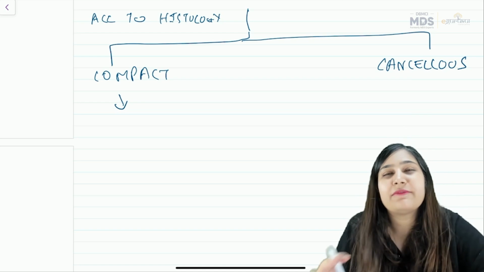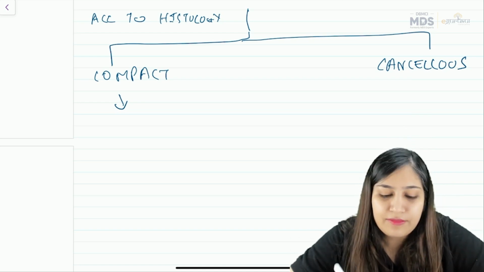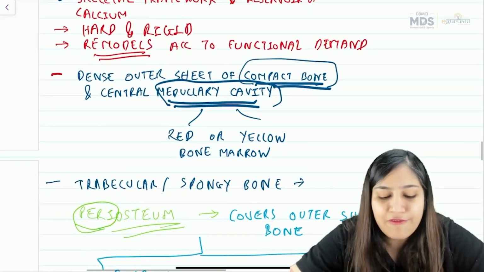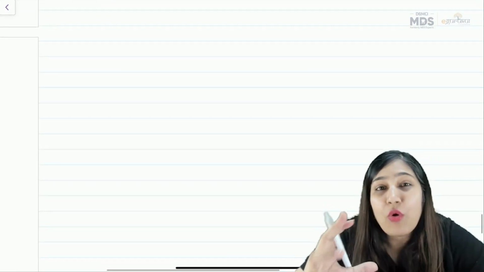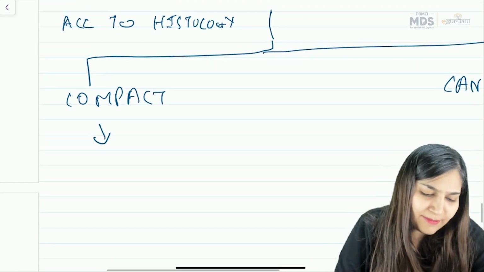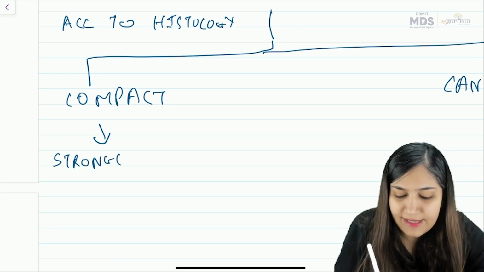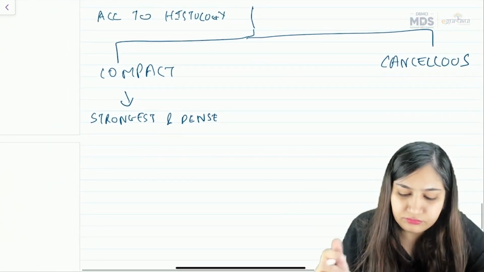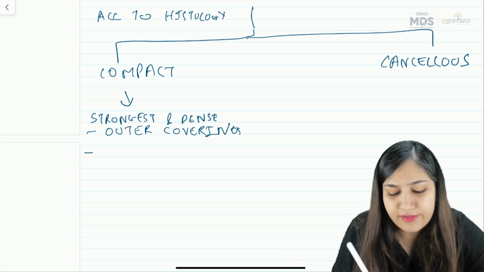Compact bone, we have seen recently, is covered by a thin outer sheet made up of compact bone. As it covers the outer portion, it should be strong. So compact bone is strongest and dense. It forms the outer covering, smooth, white, solid.